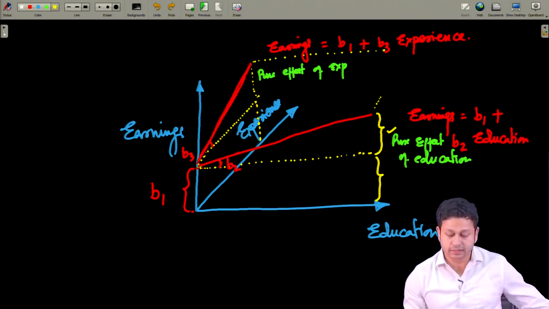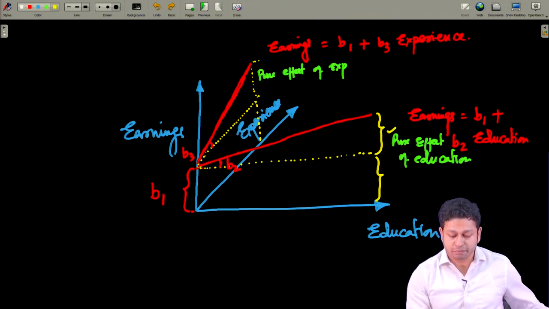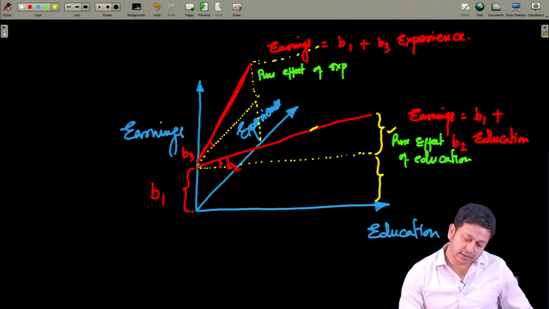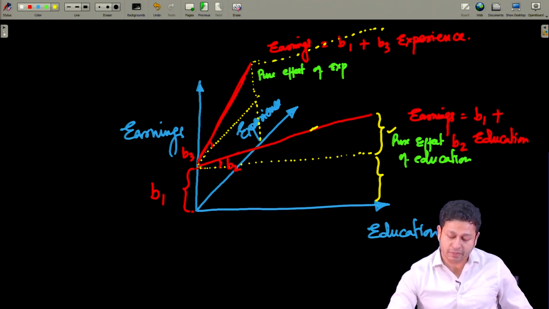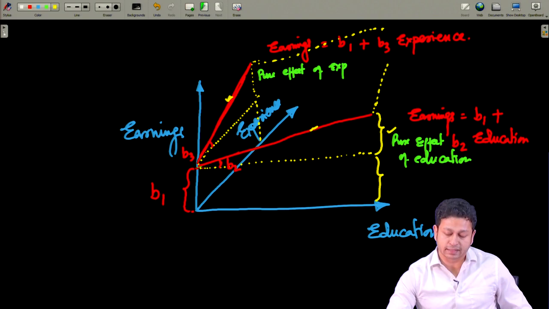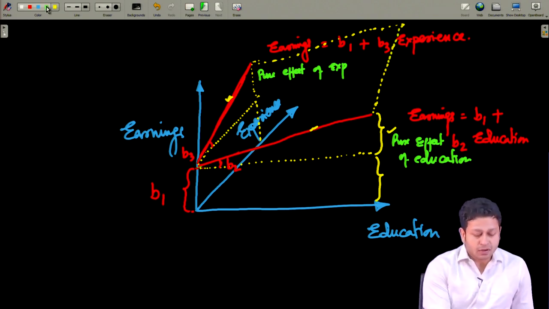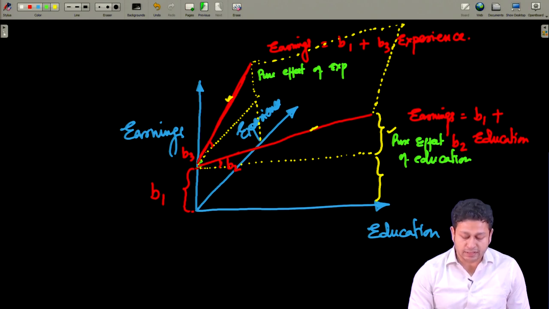Actually, this line should be parallel to the previous one, right? This should be parallel to this one. So, it will be something like this, and I will have another line which is parallel to this line, something like this, all right.